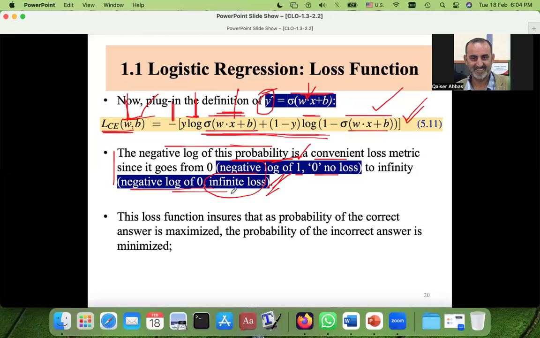This equation will maximize the probability of the correct answer. And when the probability of some class is maximized, the probability for the other class would automatically be minimized. This is what is written here.